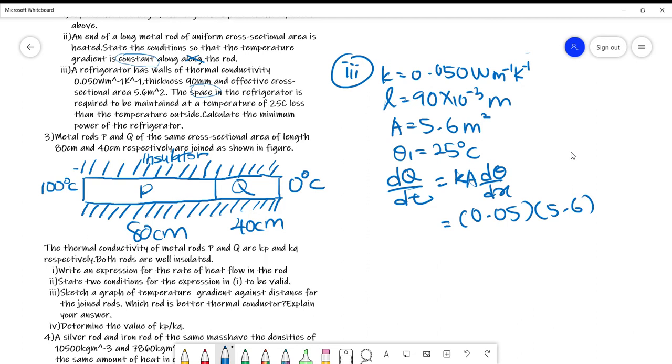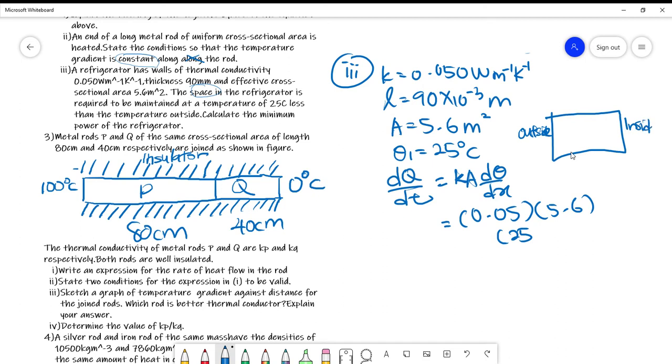So d theta over dx is the change in temperature, which equals 25 degrees Celsius. This is outside, and this is the space of the refrigerator, the inside.